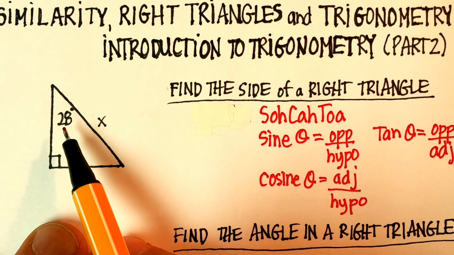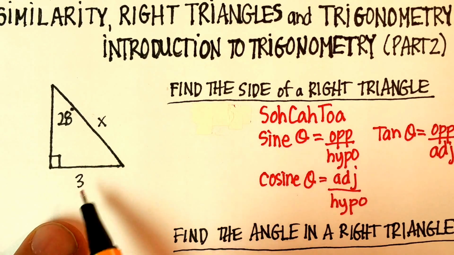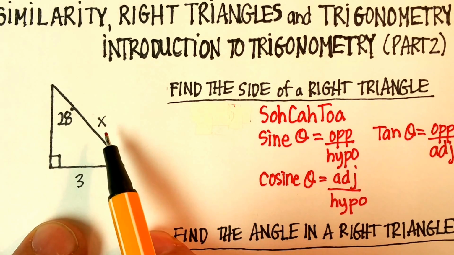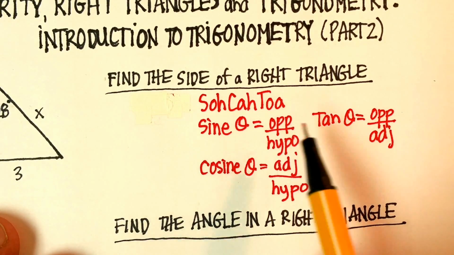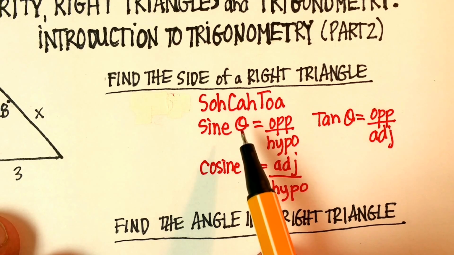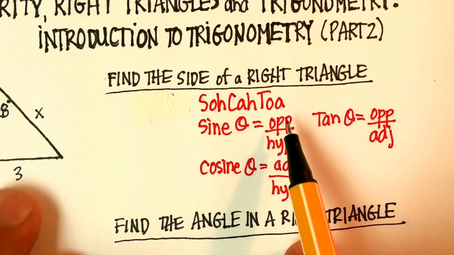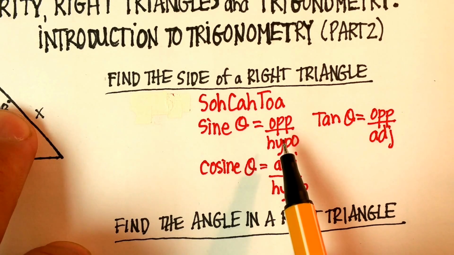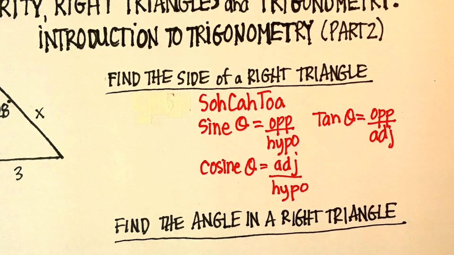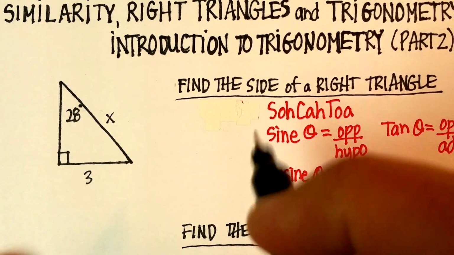Well, we know we have an angle, we know we have an opposite side, and we know we have a hypotenuse. So it looks like the best choice of the three would be the sine of 28 degrees equal to the opposite over the hypotenuse. So let's go ahead and do that off to the side. This is what I would write.